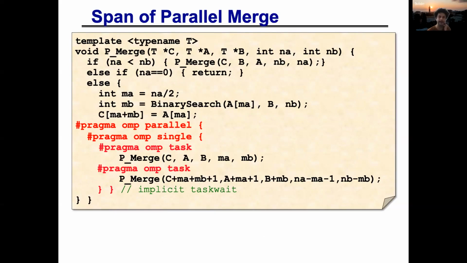So what's the bound? Let's start with the critical path span bound. I have a problem of size n, and at least 1/4 of them stops affecting the critical path. So 3n over 4 is the critical path recursion, and log n is the binary search cost.